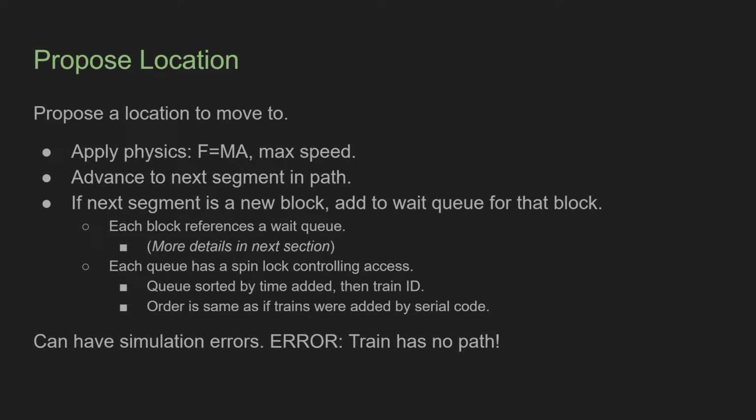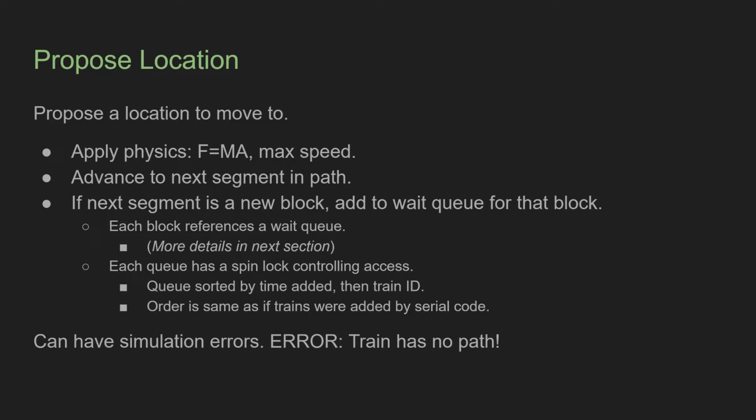Since the trains are processed by multiple threads, the order of the train IDs might not be the same, and so in order to ensure that it has the same order, the queue is sorted by the time and then train ID. This means that the results of the execution by the parallel code is going to be deterministic.